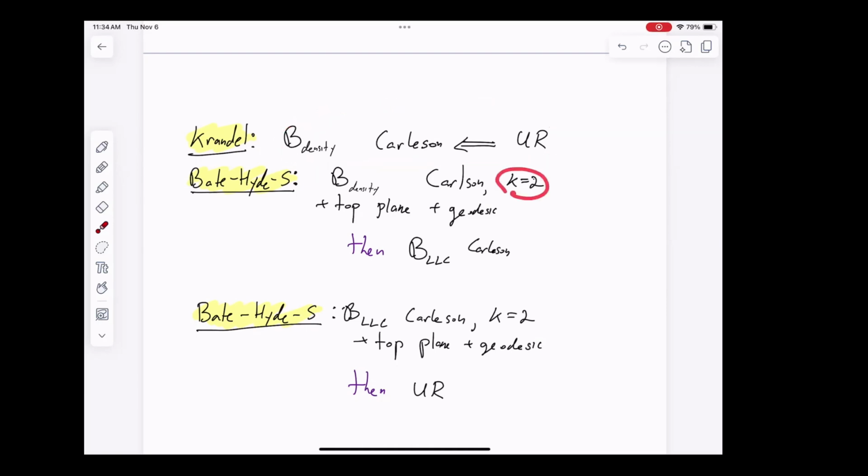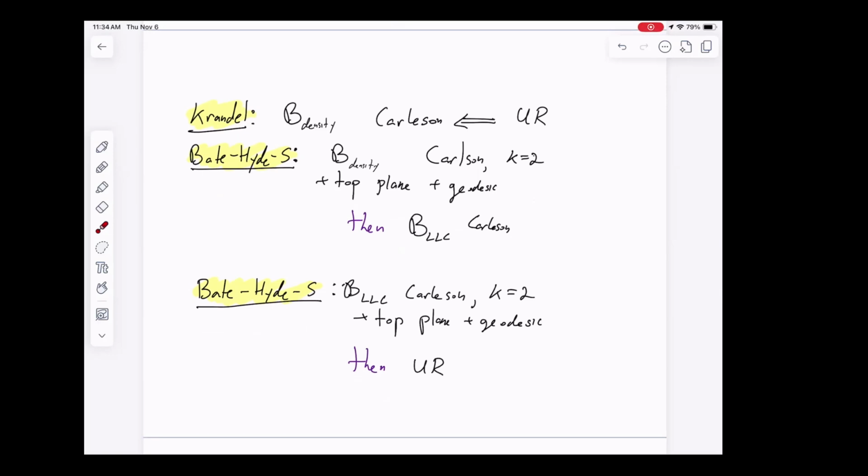But if you are two-dimensional, a topological plane, and your metric is a geodesic metric, and the bad balls for density satisfy a Carleson packing condition, then the bad balls for LLC satisfy a Carleson packing condition. That's the first theorem. The second theorem is that if the bad balls for LLC satisfy a Carleson packing condition, and again you're in dimension 2, a topological plane and geodesic, then you're uniformly rectifiable. I want to spend the rest of this talk talking about these two things.